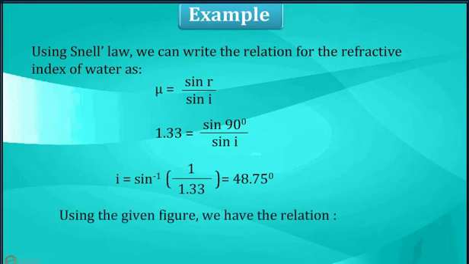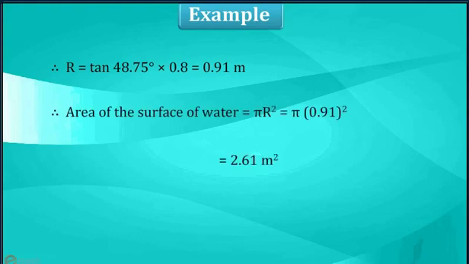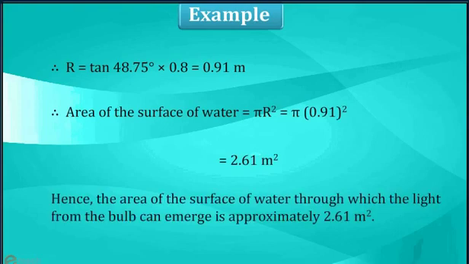Using the given figure, we have the relation tan I equals OC by OB, which equals R by D1. Therefore, R equals tan of 48.75 degree into 0.8, which equals 0.91 meters, and the area equals 2.61 meters square. Hence, the area of the surface of water through which the light from the bulb can emerge is approximately 2.61 meters square.